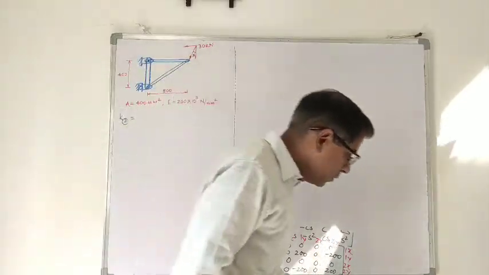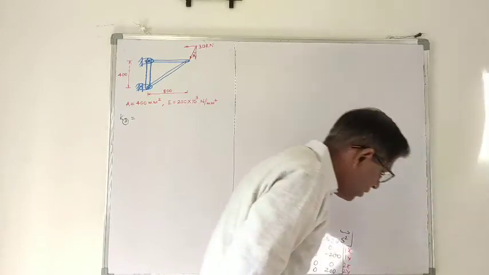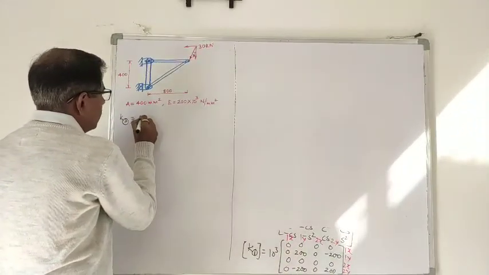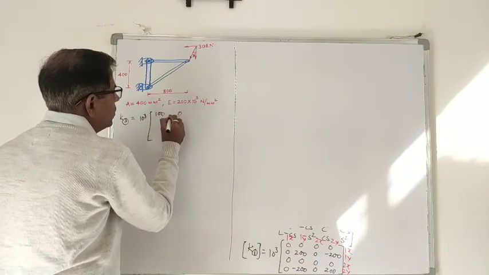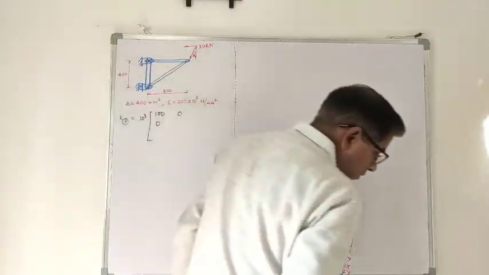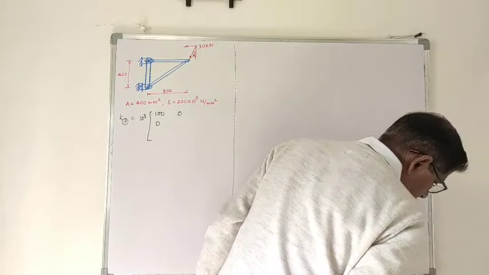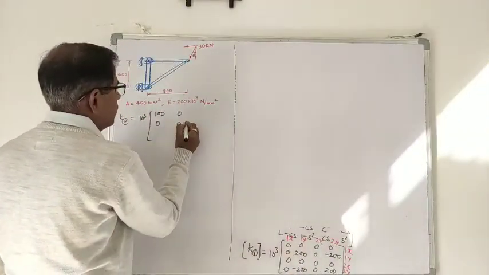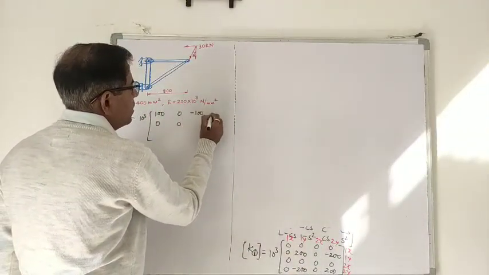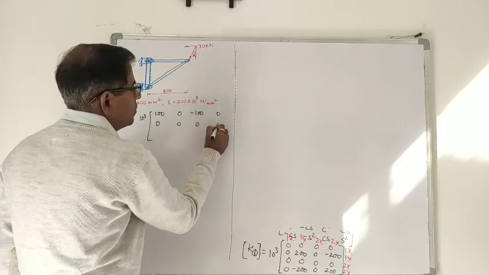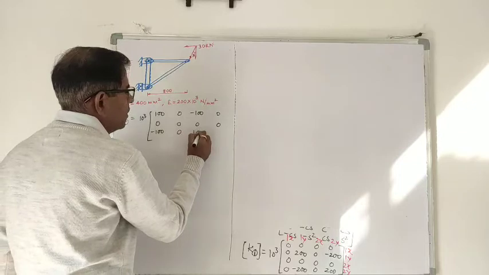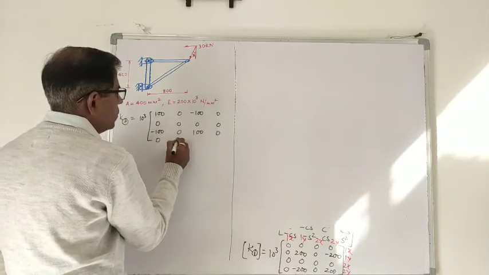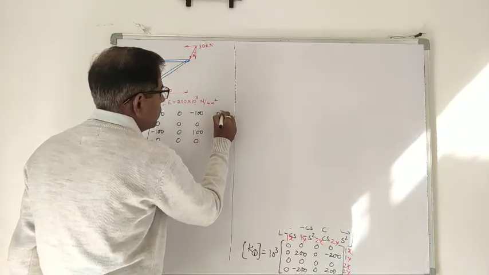So K2 comes out to be 10 to the power 3 times the matrix 100 0 0 0, that means minus 100 0 100 0 0 0 0.